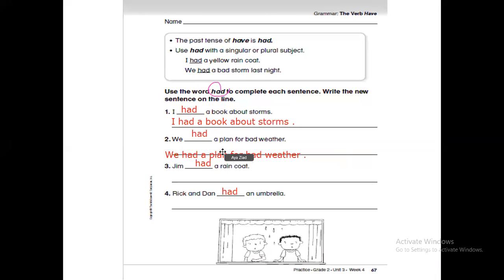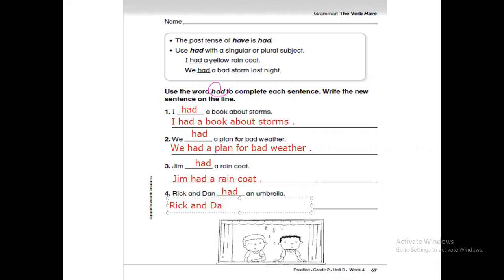Number 3, Jim had a raincoat. Number 4, Rick and Dan had an umbrella. Period at the end of the sentence.